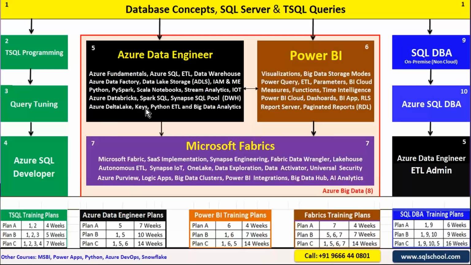Then we have Delta Lake, Keys, Security, Python ETL, and Big Data Analytics. Prerequisites: SQL or T-SQL concepts. Python is not a prerequisite for this course. Reason: we'll take it from scratch.